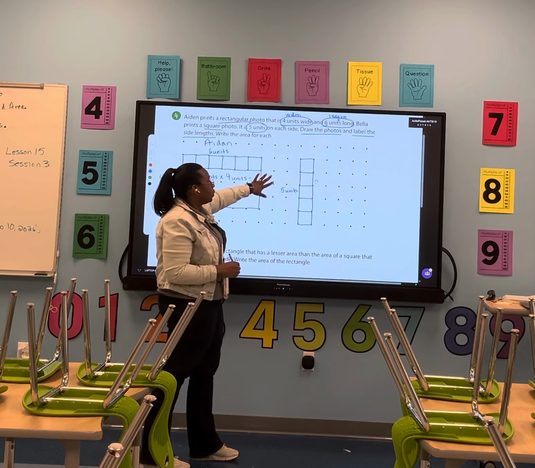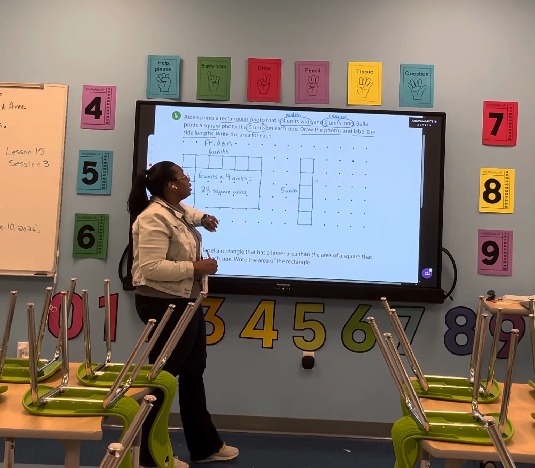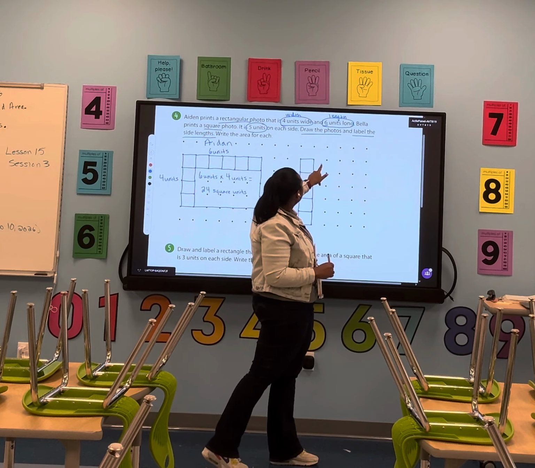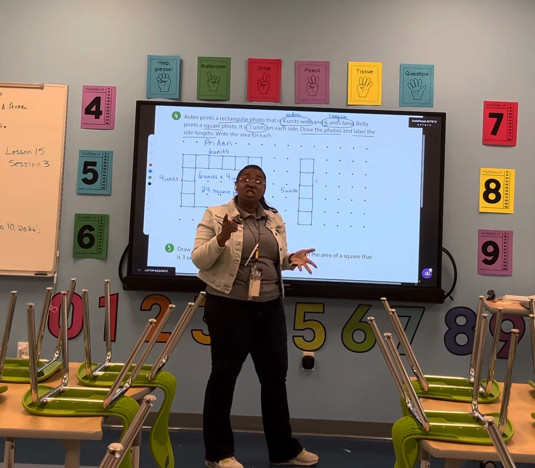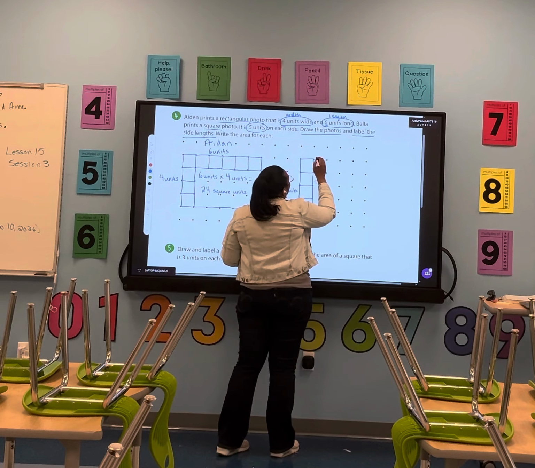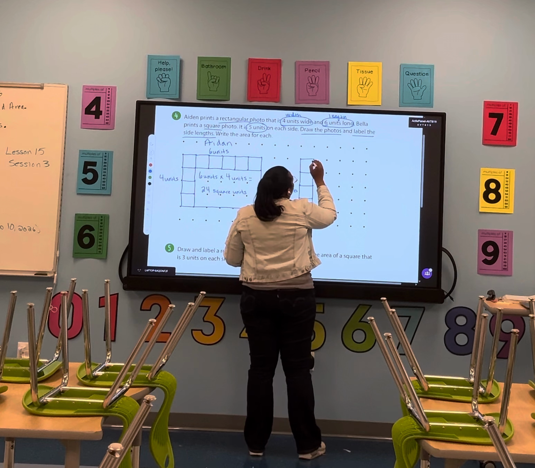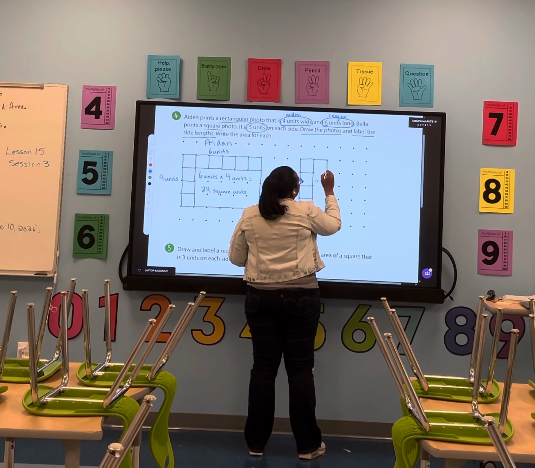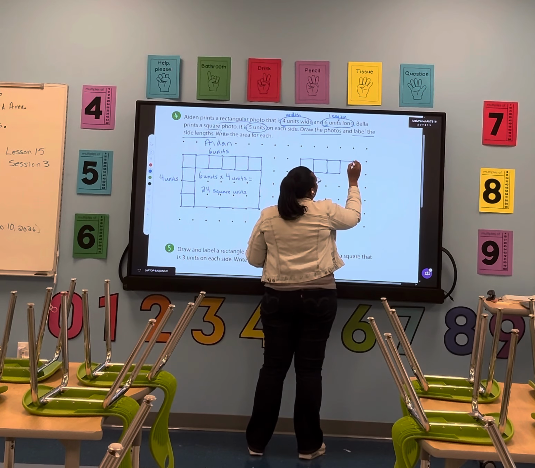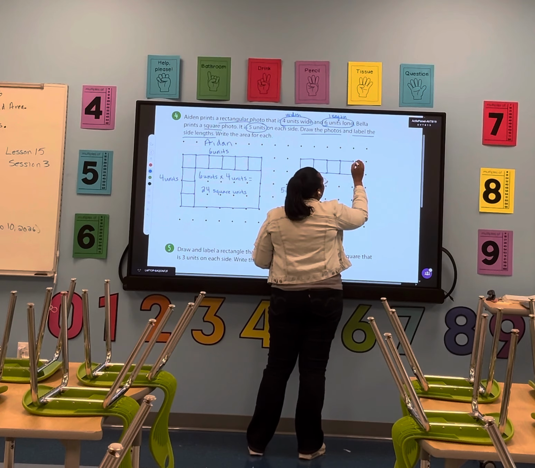All right, and now we're gonna go ahead and go to the width. I'm sorry, I did the width first, guys. I'm gonna go ahead and do the length now. My length is gonna be 5 squares. Let me make sure I have enough. 1, 2, 3, 4, 5. Still has just enough. It worked out. So let's do our length. So this is 1 square already, 2 squares, 3 squares, 4 squares, and 5 squares.